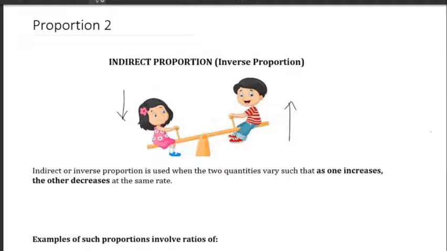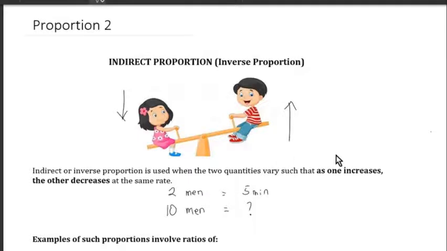So for example, if I have two men completing a job in 5 minutes, if I increase the number of men to, let's say, 10 men, I should expect that the time that they take to finish the work will be much less than 5 minutes. So this is a typical example of indirect or inverse proportion.